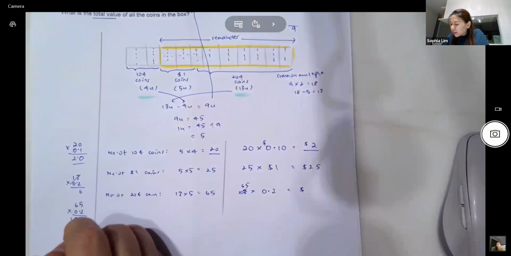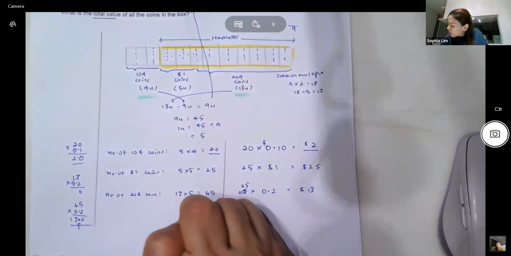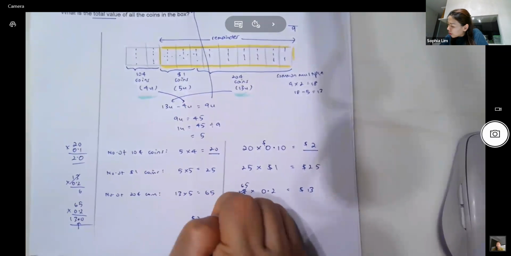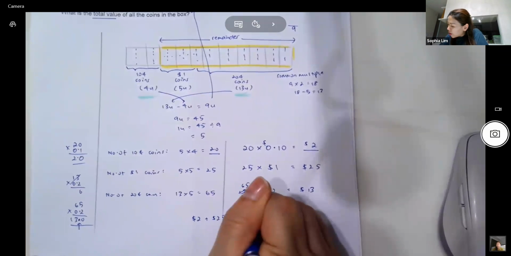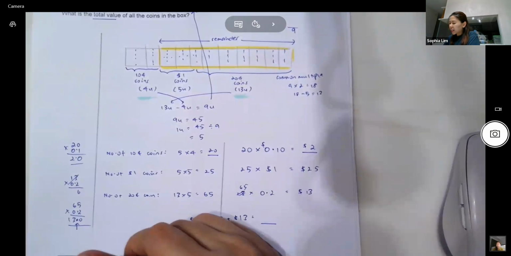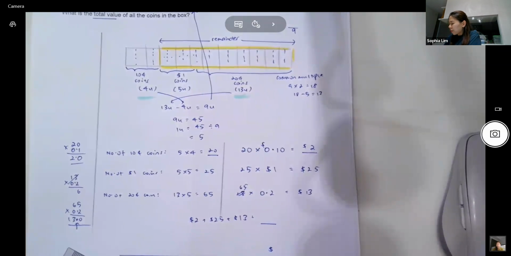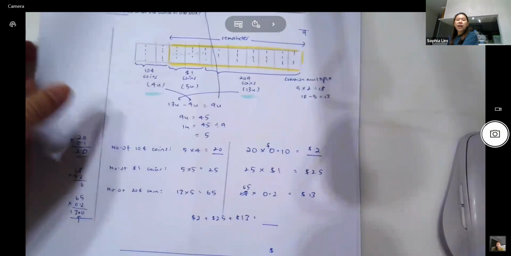You put back the decimal point here, then you have the 13. Then you will get the final answer by adding all up together. You will get a nice final answer and you put it down as the final answer.